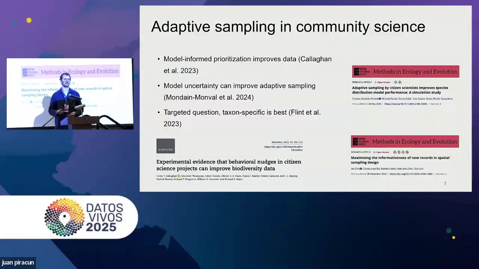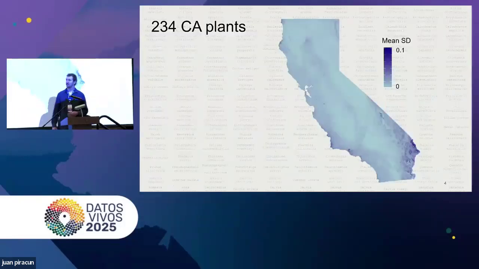Model uncertainty is an important metric in adaptive sampling methodologies, and while targeted questions and taxon specificity is probably the most important, we think that there's an opportunity, again, like for the City Nature Challenge, for dynamic prioritization maps that work at large scales and across large geographic and taxonomic scales. And I'll skip over this in the interest of time.